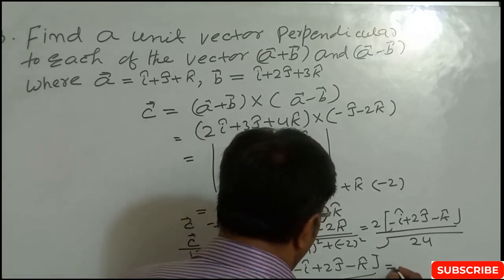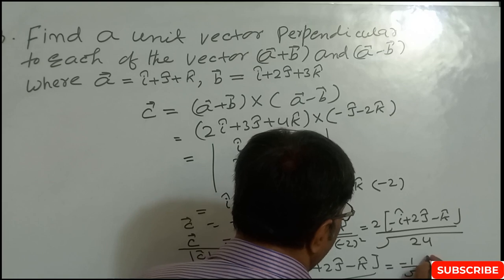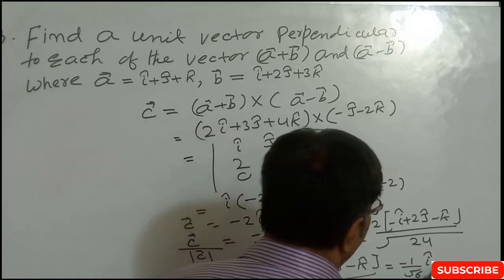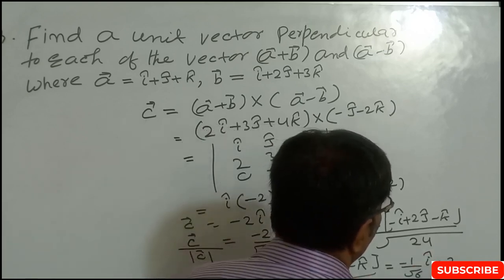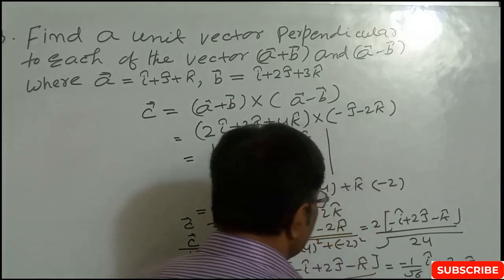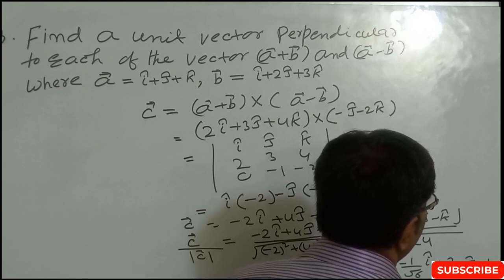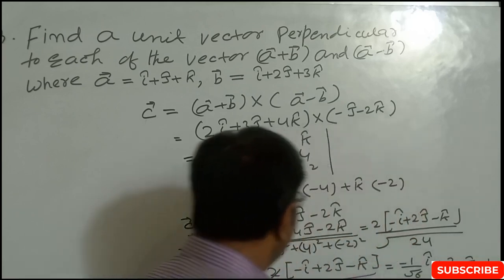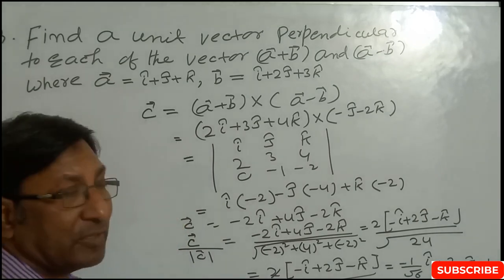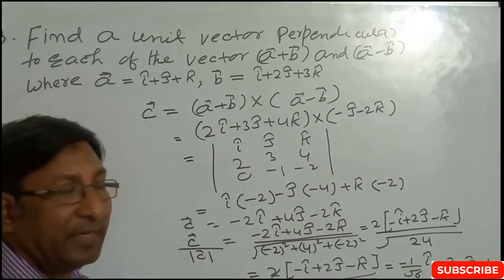Then we can finally write minus 1 upon root 6 unit vector i, 2 upon root 6 unit vector j and minus 1 by root 6 unit vector k. This is the vector which is perpendicular to vector a plus b and vector a minus b.